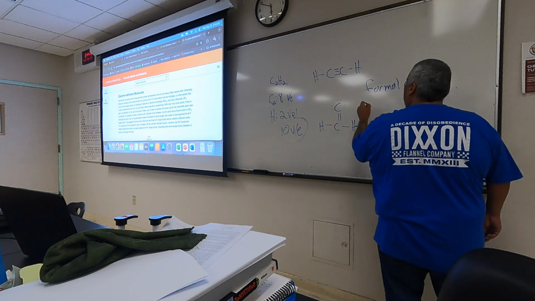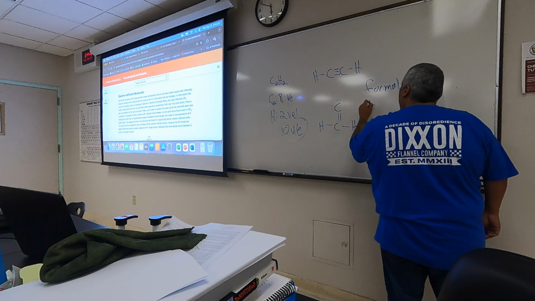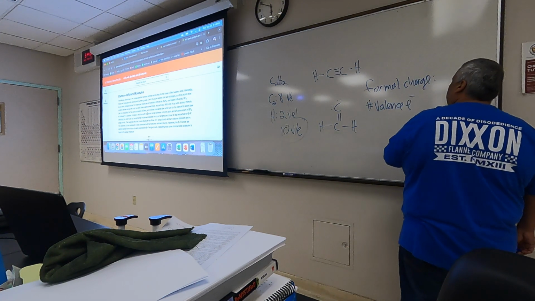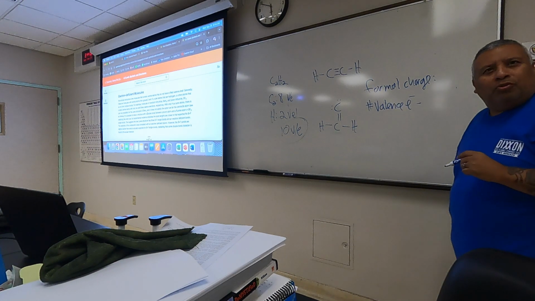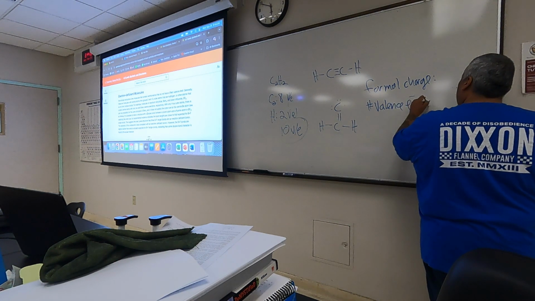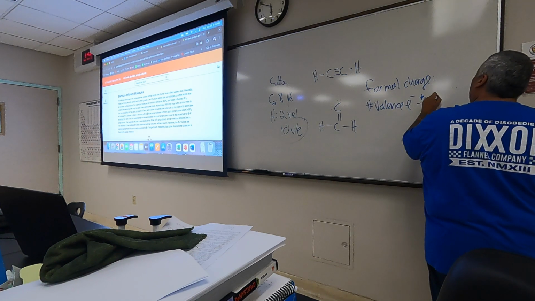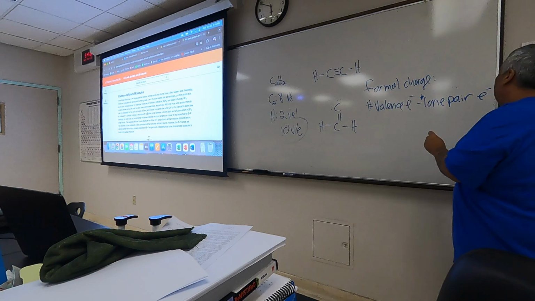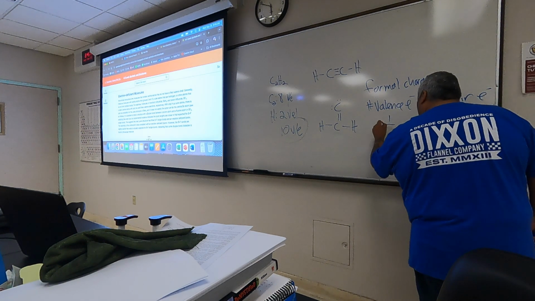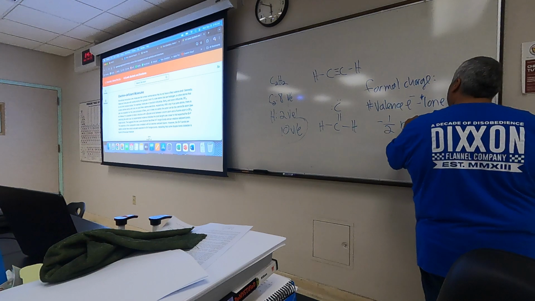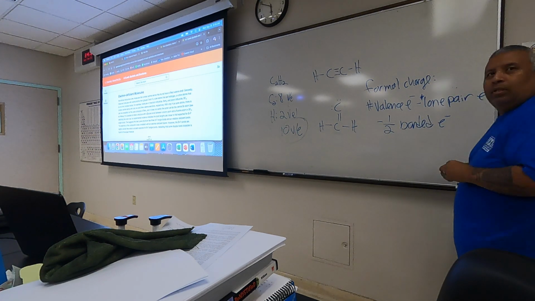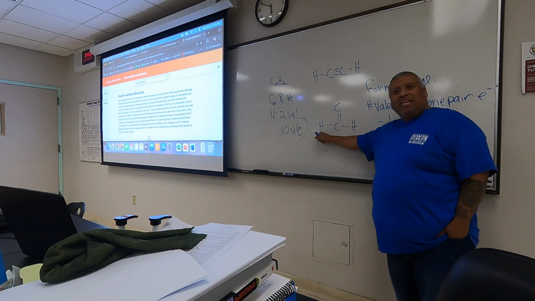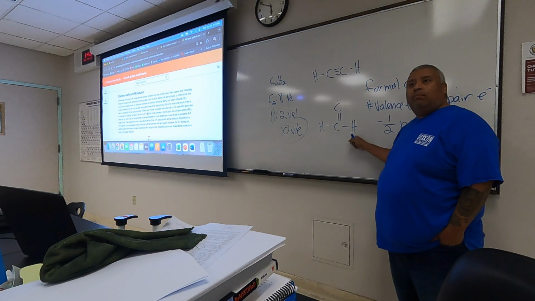To calculate formal charge, you're going to take the number of valence electrons, and you're going to subtract the number of lone pair electrons minus half of the bonded electrons.